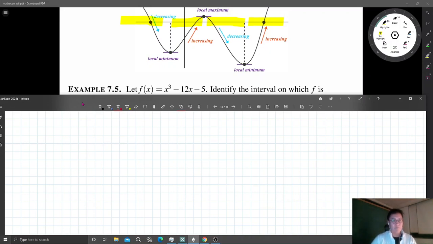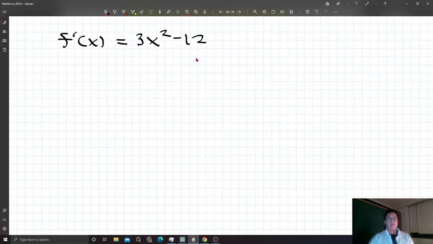So we first compute the derivative, f prime. x cubed becomes 3x squared, and negative 12x becomes negative 12. And negative 5 is a constant, so it goes away. Right? So that is the derivative of the original function.